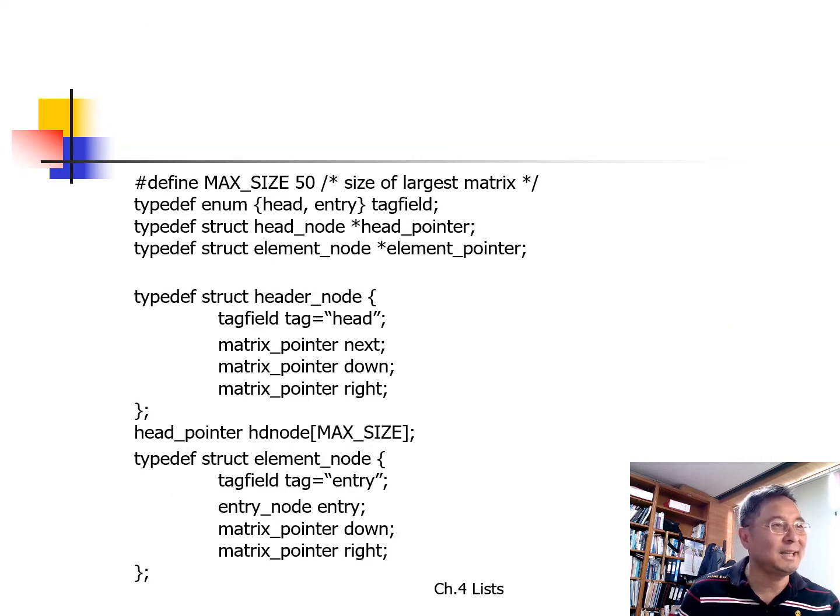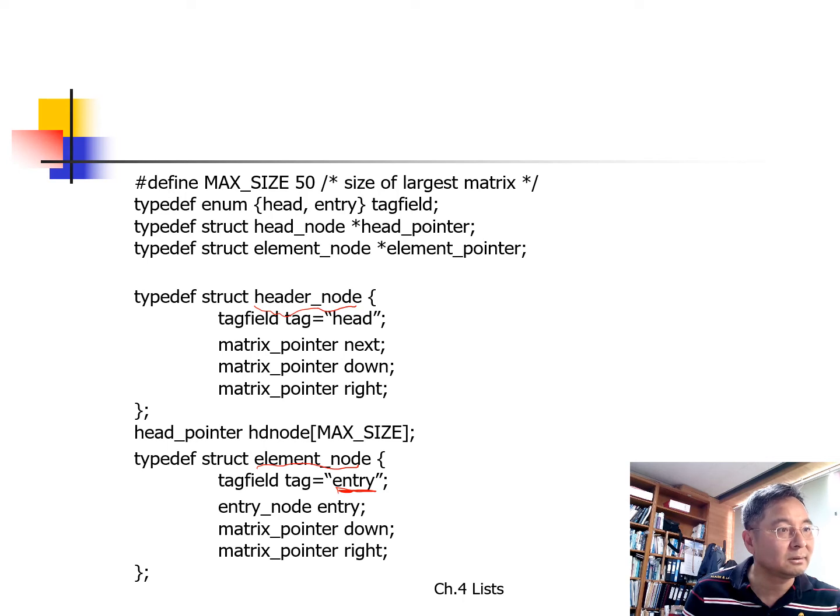So this is an implementation of the data structure for these representations. It has a structure with a header node and an element node. The element node has an entry tag field and an entry node.